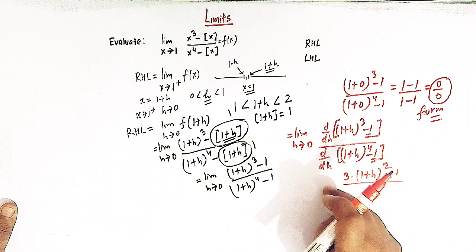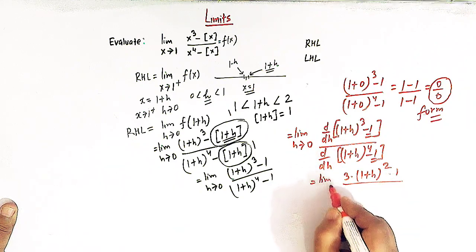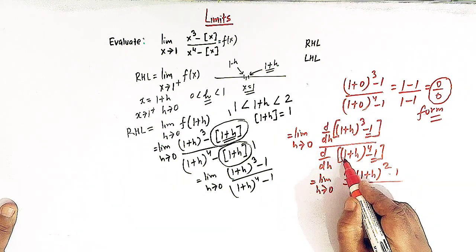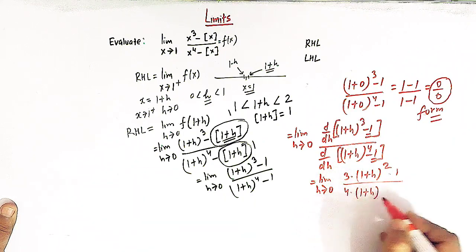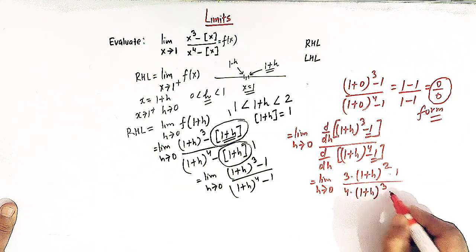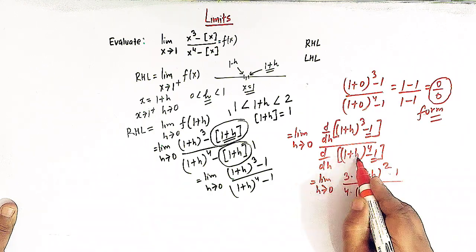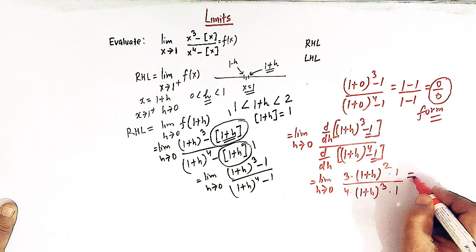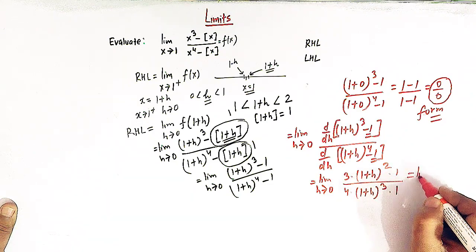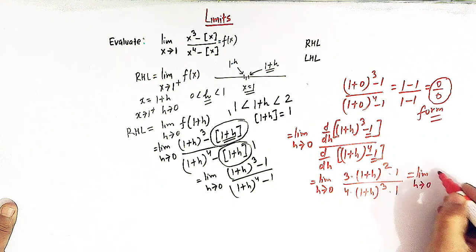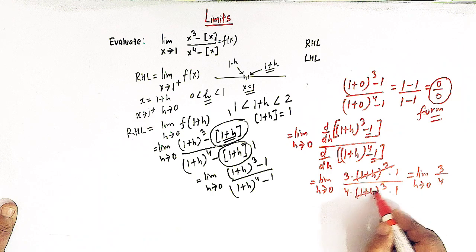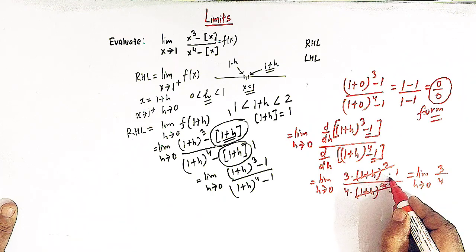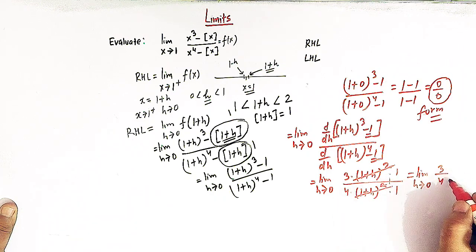And the derivative of (1 + h)^4 is 4 times (1 + h)^3, and by chain rule the derivative of 1 + h is 1. So now we have limit h tends to 0, 3 by 4, and this quantity gets cancelled with this one, and we are left with only power 1. So we have 4 times (1 + h).